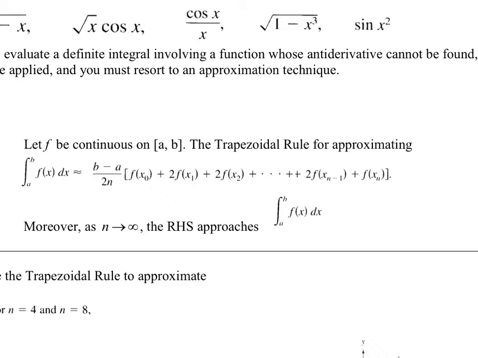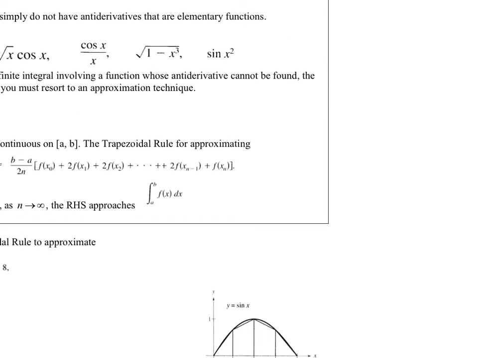But where does this come from? I want you guys to really understand where this is coming from before we even do an example. Okay, we already saw that the height of each trapezoid would be whatever b minus a was. Now, where does the 2n come from?